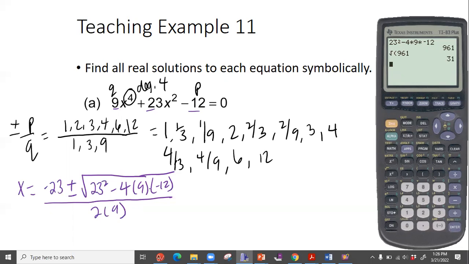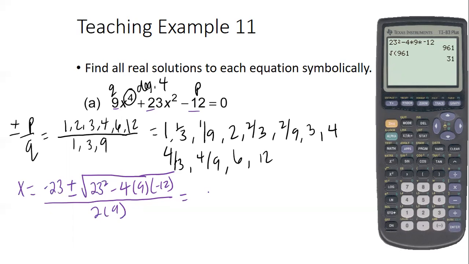It's a perfect square. So now I'm working with -23 plus or minus this 31 over 18. So I have -23 plus or minus 31 over 18. And what do I get?